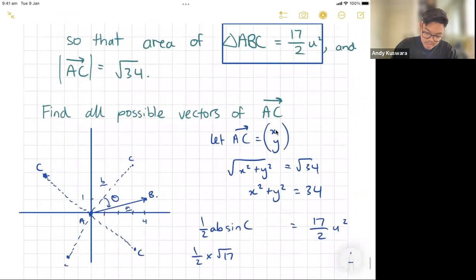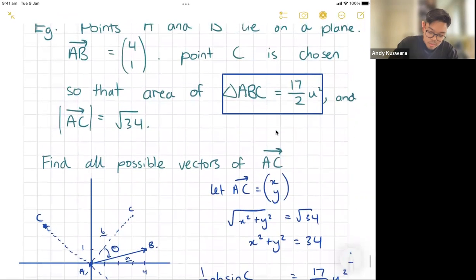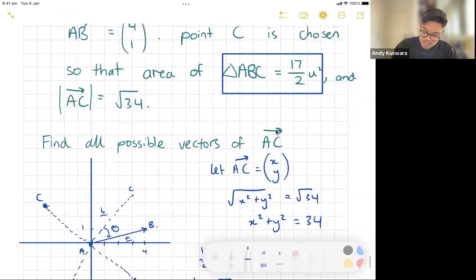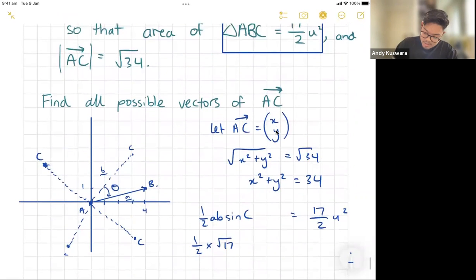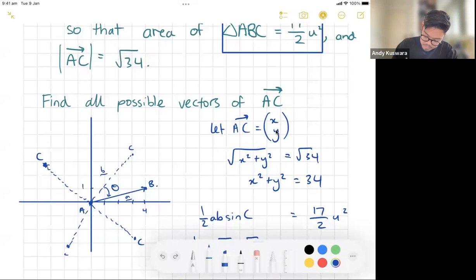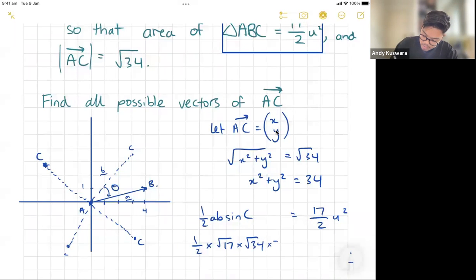The reason that I got that is 4 squared plus 1 squared becomes the square root of 17. So that's just the magnitude of A times B, and we know that that's going to be the square root of 34, times sine C, I forgot that, multiply by sine C, which is our angle, equals 17 on 2.